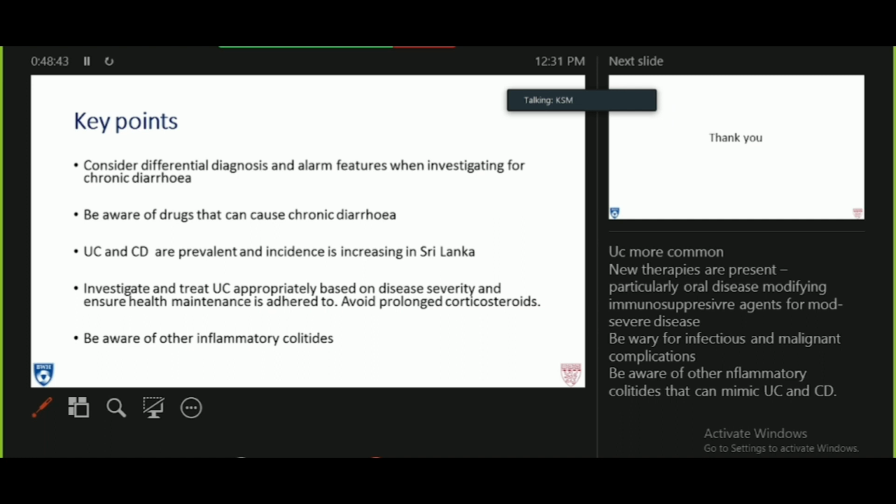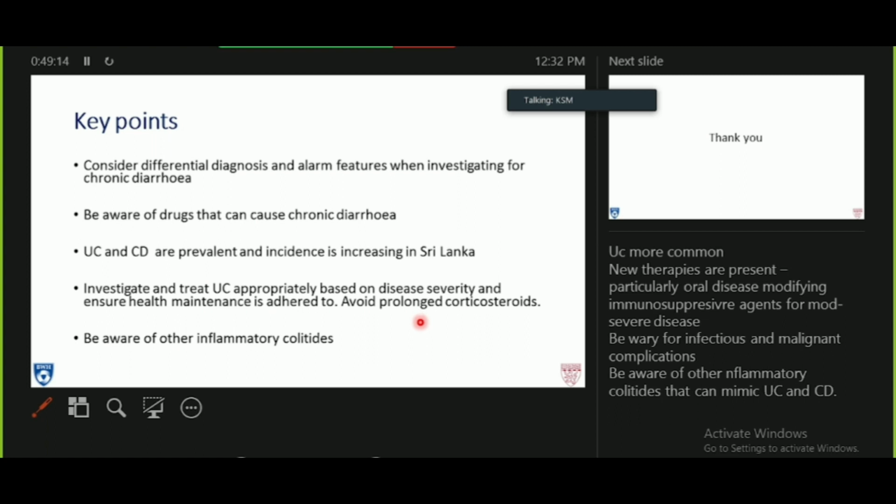So to summarize today's talk, we discussed the differential diagnosis and alarm features when investigating for chronic diarrhea. We talked a little bit about the various drugs commonly used that can cause diarrhea. UC and Crohn's disease are prevalent in Sri Lanka, and the incidence is increasing. So do think about this when you're seeing your patients for various other conditions, if they have chronic GI symptoms as well.